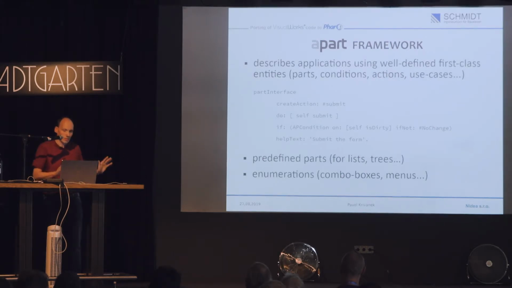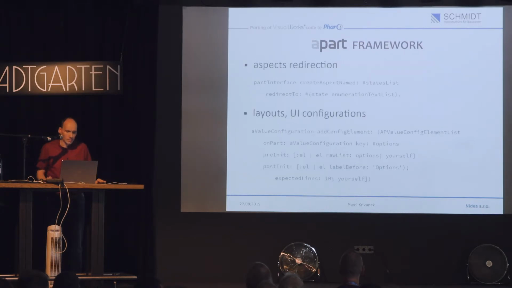It has a lot of predefined parts for lists, trees and so on. So it's highly usable. The transitions of data in the applications are solved using redirections that are also well described.